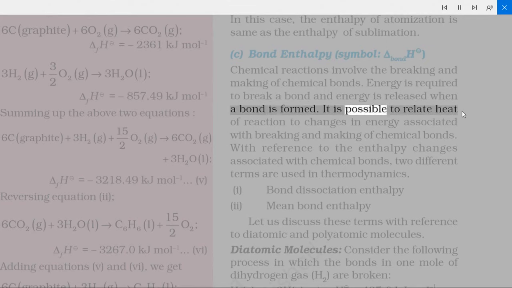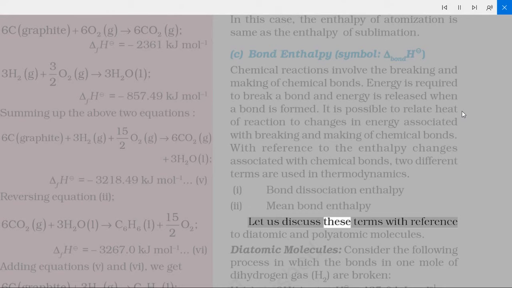It is possible to relate heat of reaction to changes in energy associated with breaking and making of chemical bonds. With reference to the enthalpy changes associated with chemical bonds, two different terms are used in thermodynamics: 1. Bond dissociation enthalpy. 2. Mean bond enthalpy.